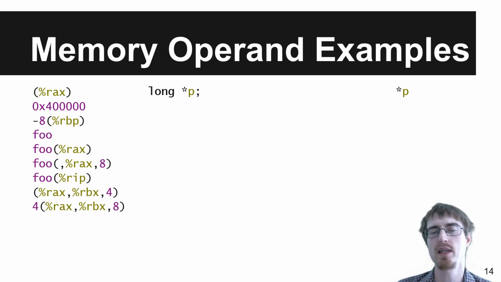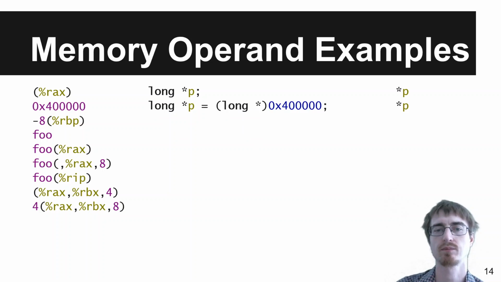We declare the p, which here we define as a long pointer simply by default. The memory operand doesn't indicate what the size actually is, so we just take a long as a default, but it could have also been an int or a short or a char, depending on the context. So this is simply a pointer dereference, and the value of the pointer obviously is RAX.